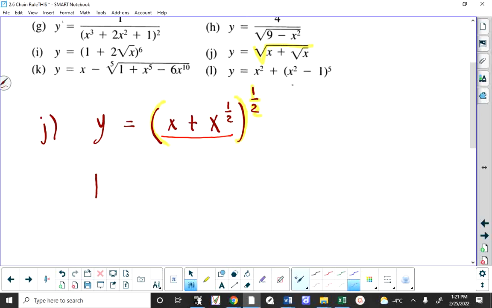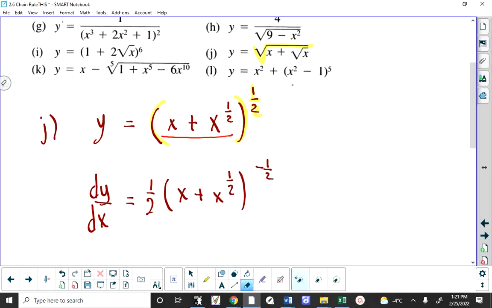So my derivative here, at least to begin with, is going to be 1/2 times x plus x to the half raised to the negative half. That's kind of the starting point. But because the thing we wrapped the exponent around was more than just x, we have to multiply by the derivative of that thing we wrap the exponent around, because that's the chain rule.